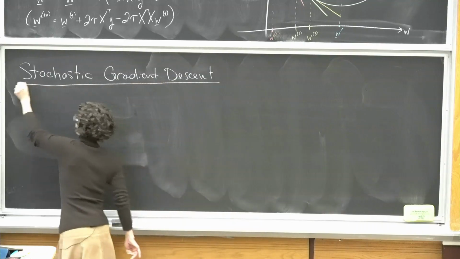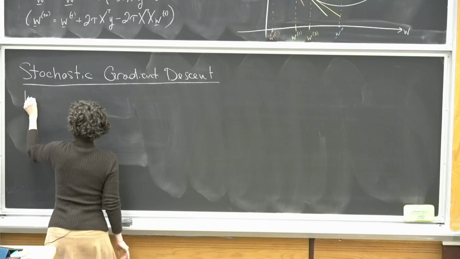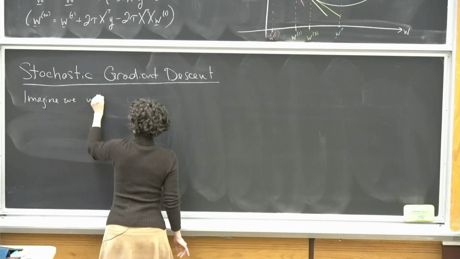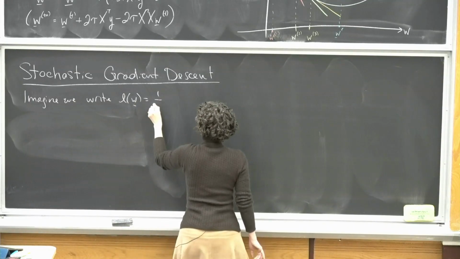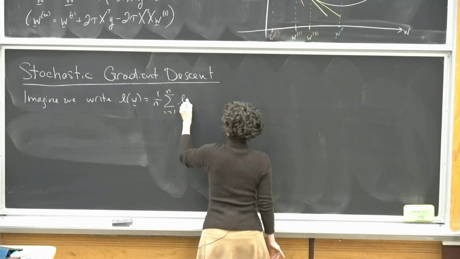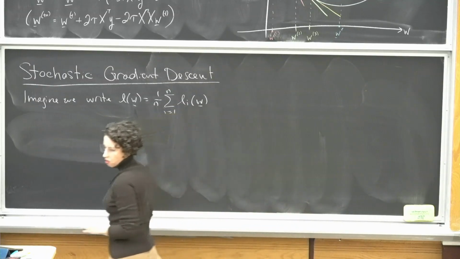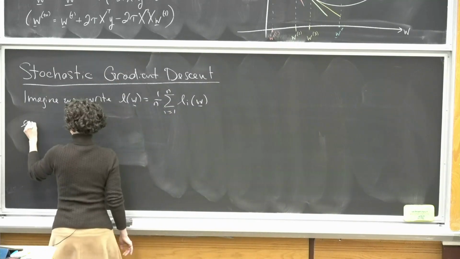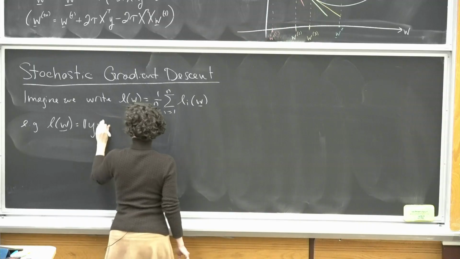The idea is very simple. So we are going to consider the case where we can write our loss function L of W as being an average over a bunch of other little loss functions, Li of W, let's say n of them. So for instance, this could be if L of W is just our squared error loss.